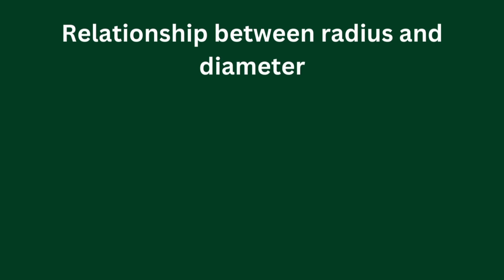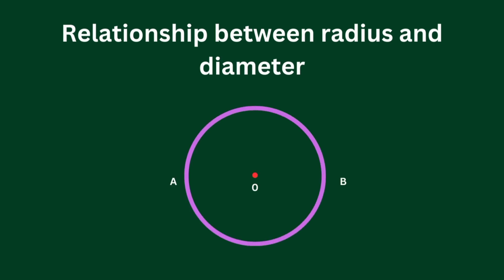Relationship between radius and diameter. Students, they are like close friends. Here AO is a radius and AB is a diameter.